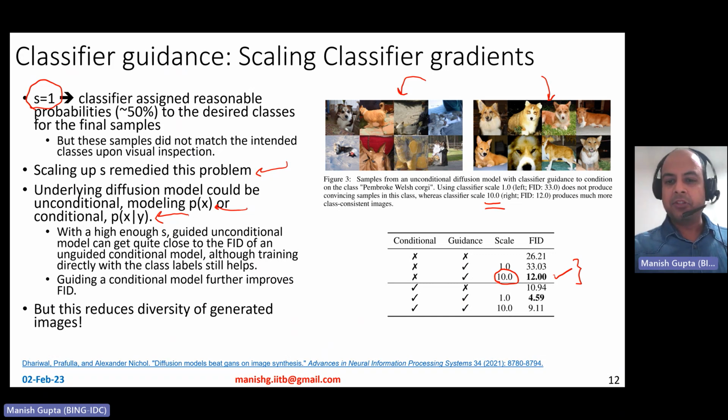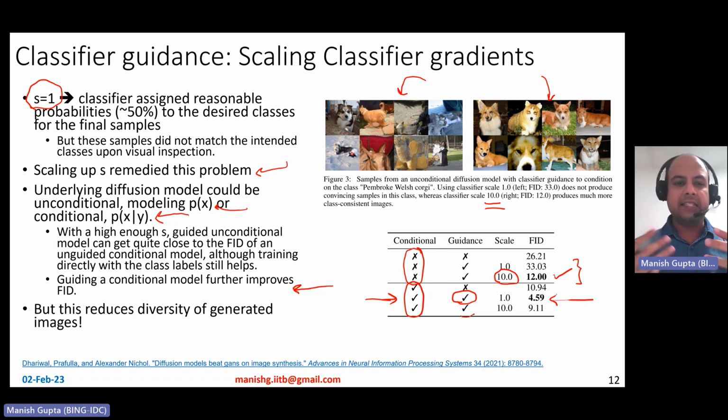So you could do class conditional or you may not. When you do class conditional, you pass the information to the residual layer through normalization, the GN layer. And you may or may not give guidance. It turns out you get the best results when guiding a conditional model further. So the more you use the class information, the better the results that you get.